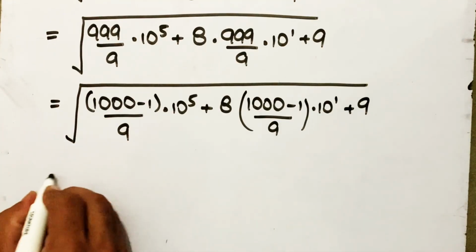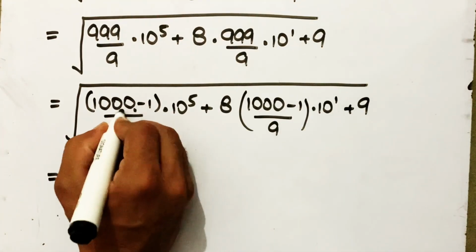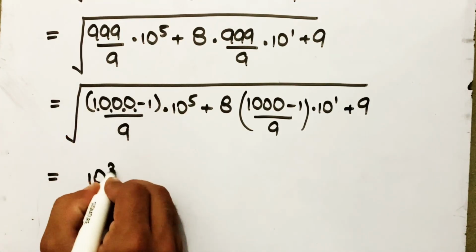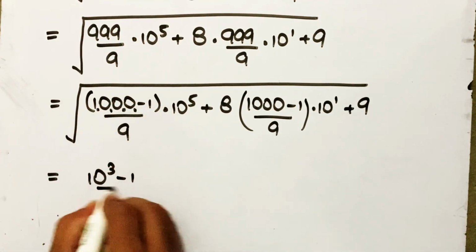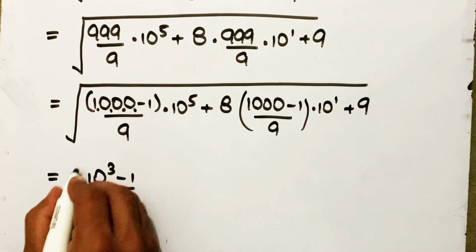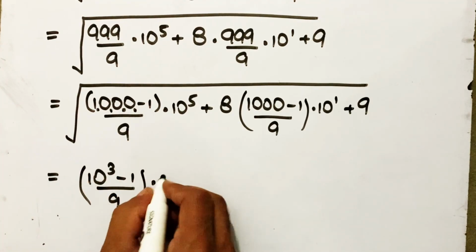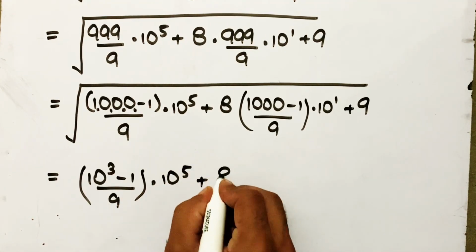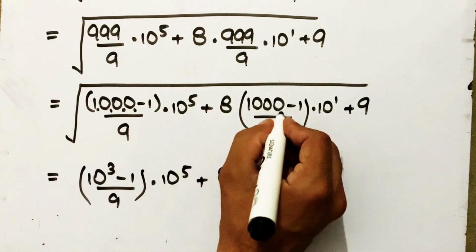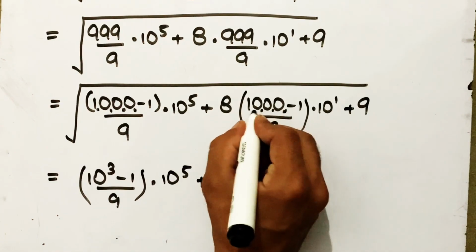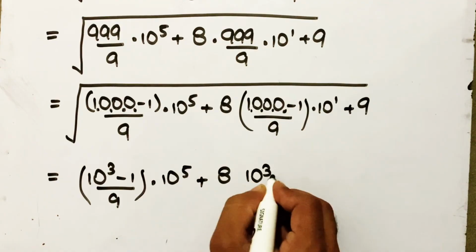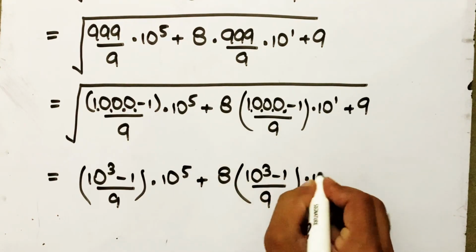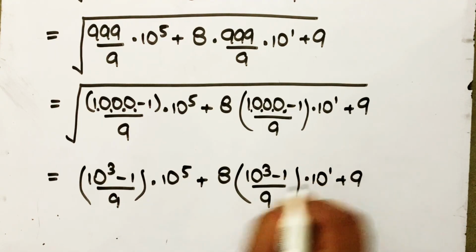So next step is, this is point here, this is 1 jump 1.123, this means 10 to the power of 3 minus 1 divided by 9 here into 10 to the power of 5 here. So plus 88, this is point here 1 2 3, this means 10 to the power of 3 minus 1 here divided by 9 here into 10 to the power of 1 plus 9 here.